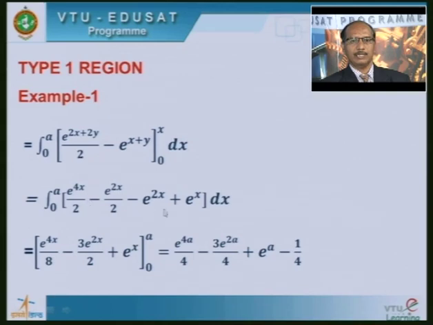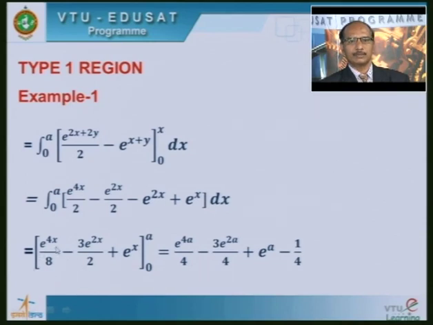Now, combining these two, it is 3 by 2 e raised to 2x. So, integration of 3 by 2 e raised to 2x is 3 by 2 e raised to 2x divided by 2. This becomes 4 here. 3 by 4 e raised to 2x. It should be 4 plus e raised to x, integration is e raised to x. Now, substitute 0 to a.